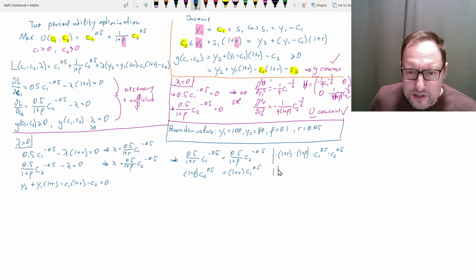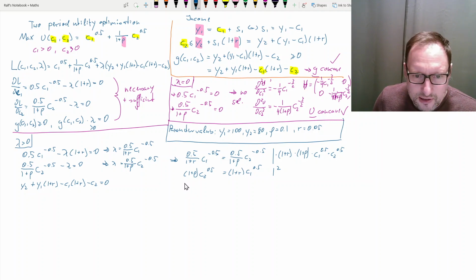Let's actually square both sides of the equation, so we get the square roots eliminated, and then we have (1 plus rho) squared C2 is equal to (1 plus r) squared C1.